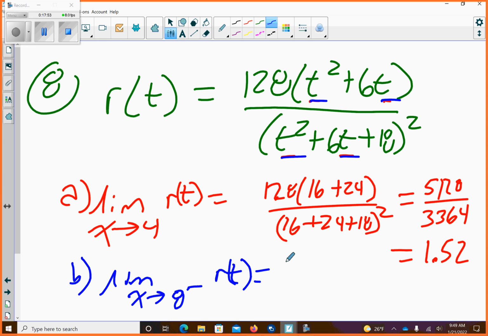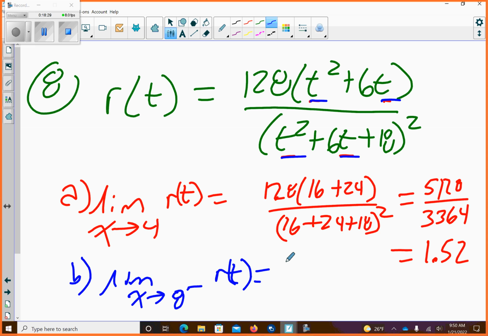All right, so I'm just going to plug that in on my calculator. Being that I'm doing direct plug-in, it doesn't matter if I'm coming from the right or from the left. I'm just going to plug in the 8, 8 squared plus 6 times 8, divided by 8 squared, so that's 64 plus 48 plus 18 quantity squared.